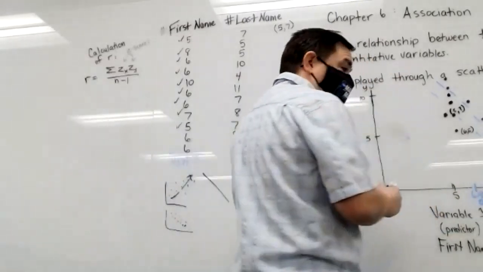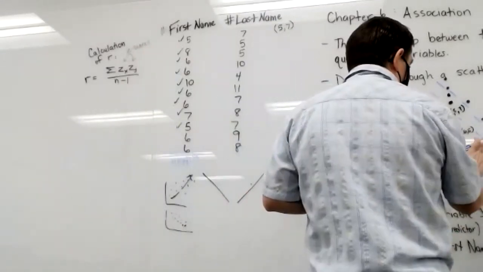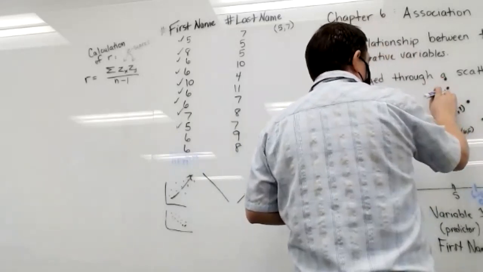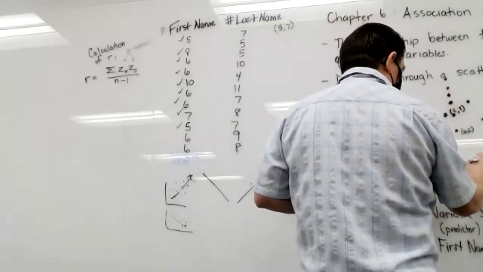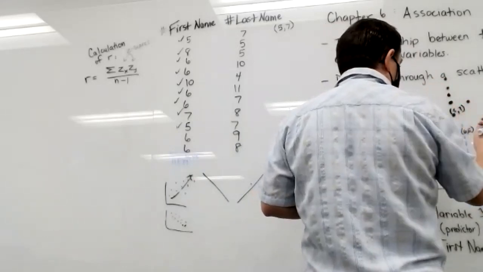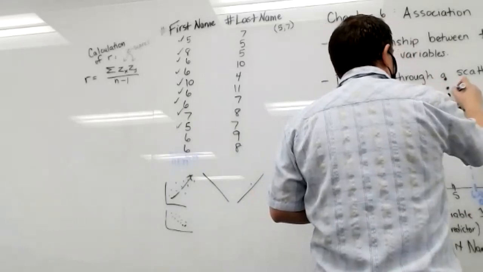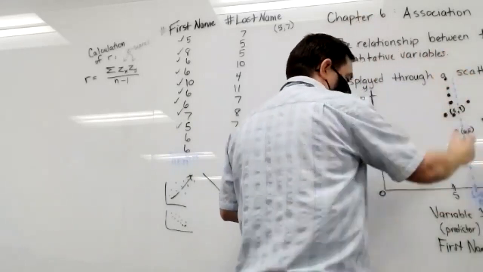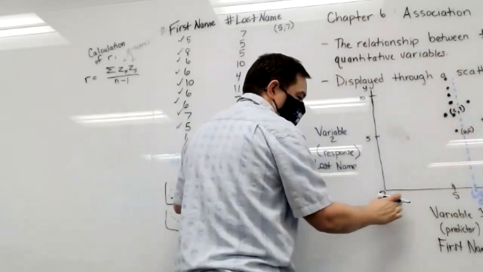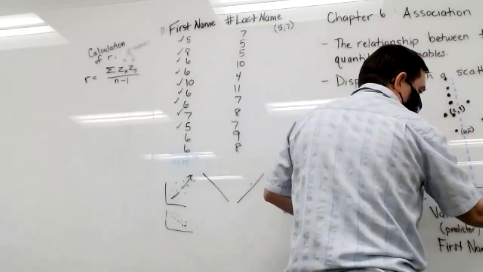And I wish I had a red marker with me today, that would be amazing. But if I were to divide this, mark the center as a left and right half, then everything over here is going to have a negative z-score, and everything over here is going to have a positive z-score.